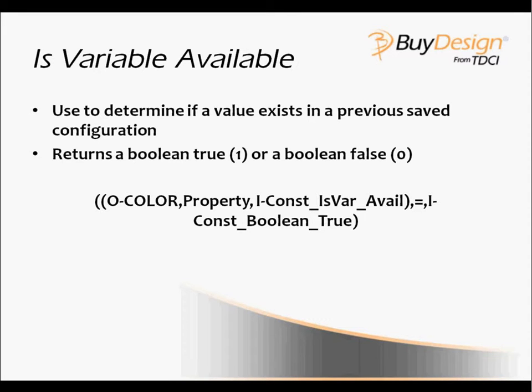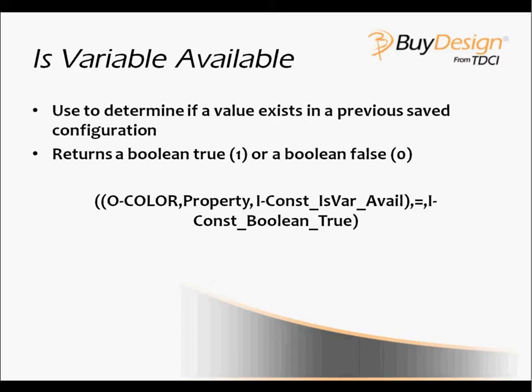Is variable available? We're going to use this to determine if the variable value exists from a previously saved configuration. It's just doing a lookup to the database, saying, was this value saved to the database? And it's going to return a Boolean true or false. You can see that in my expression again.